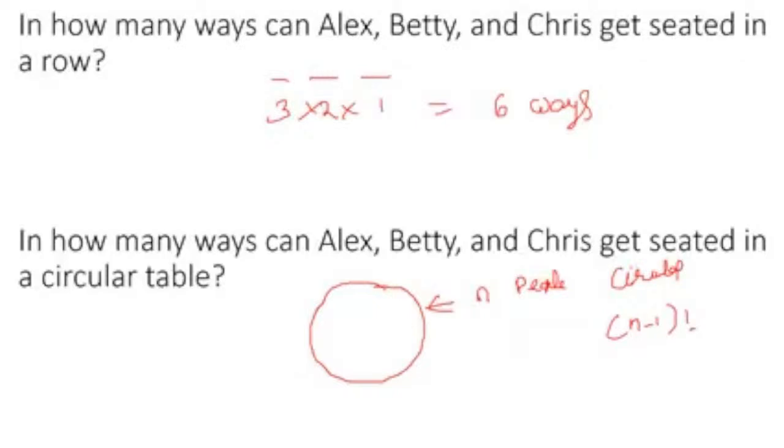Suppose I have 3 people, Alex, Betty and Chris. How many ways can I arrange them here? So 3 people means what should the answer be here? (3 minus 1) factorial, that's why 2 factorial ways.